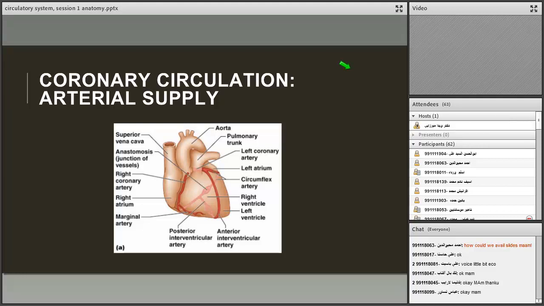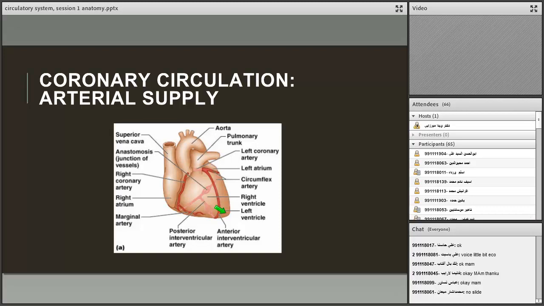As I said, the blood can't pass through the endothelial cells to reach the muscles of the heart. So the heart needs nutrients for pumping. How will these nutrients reach the heart muscle?